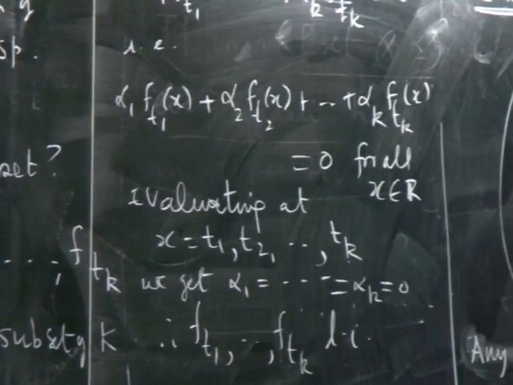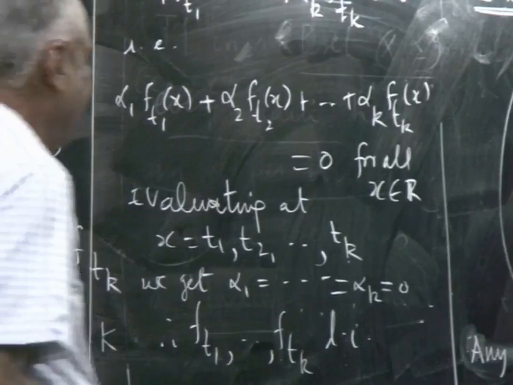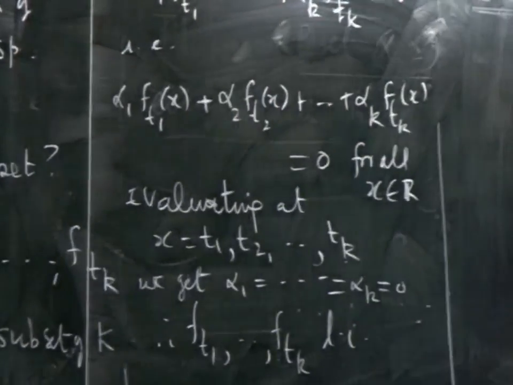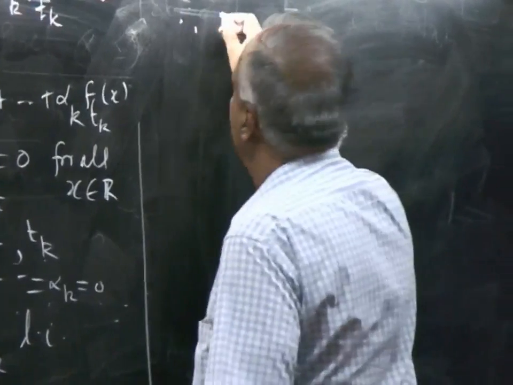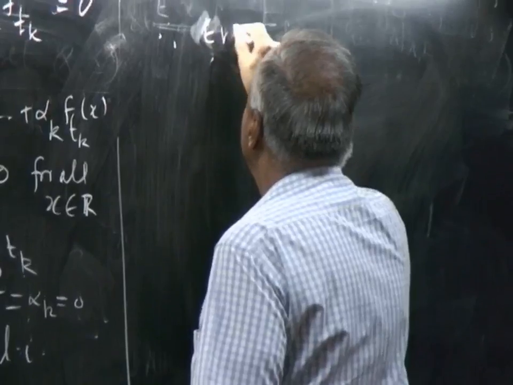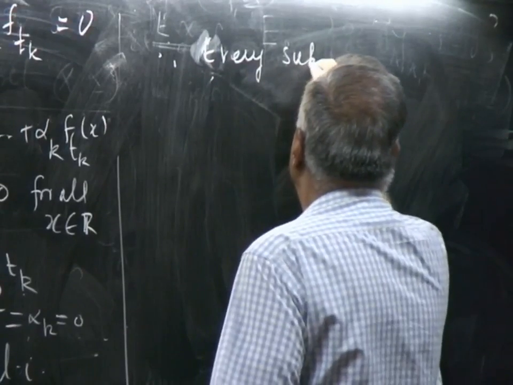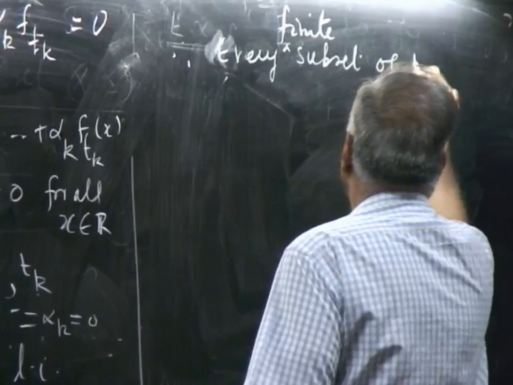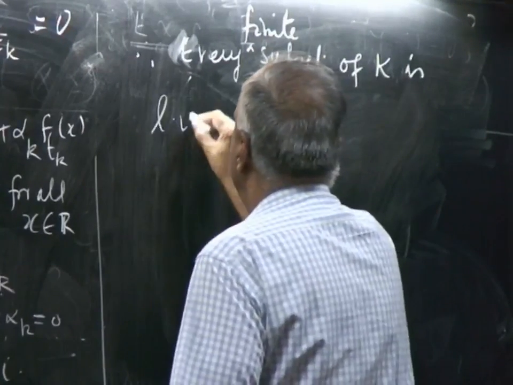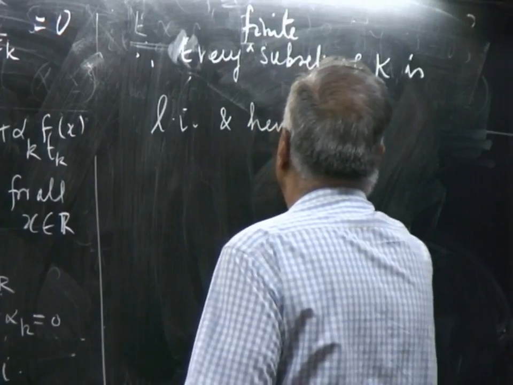That huge set of functions, which is as big as the real numbers itself, that vector space is very huge. Every finite subset of K is linearly independent, and hence K is linearly independent.